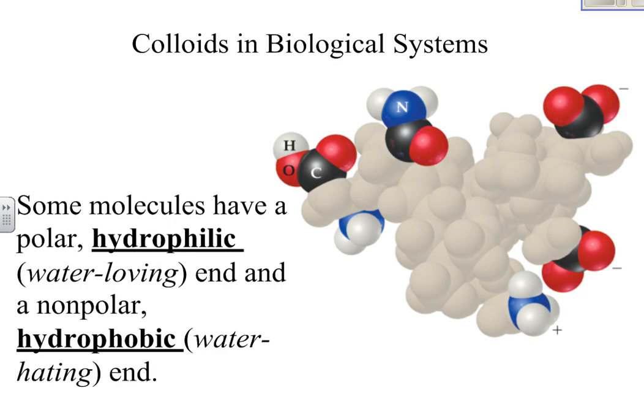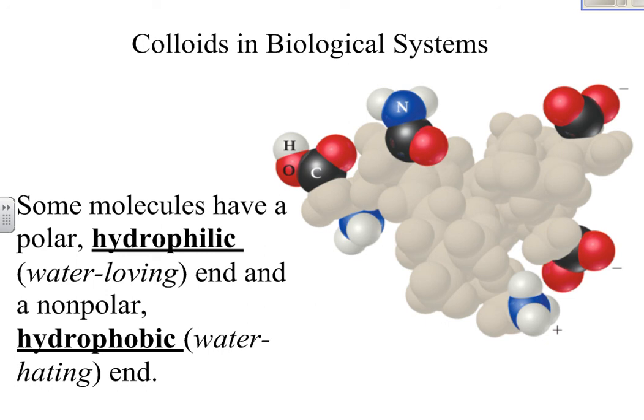Colloids in biological systems also have a significant importance. Molecules are said to be either hydrophobic or hydrophilic. Some molecules have polar ends to them. Remember that organic molecules are by and large hydrocarbons, mostly carbon and hydrogen, usually with a large degree of nonpolar parts to them.